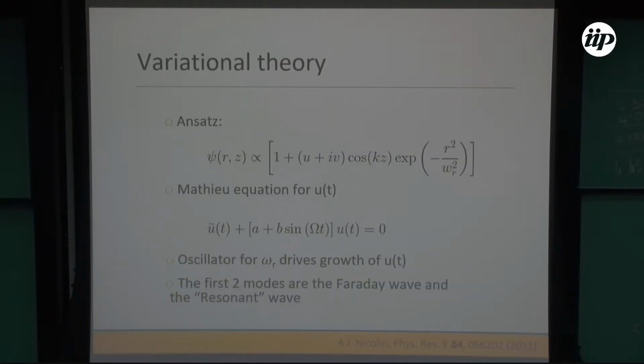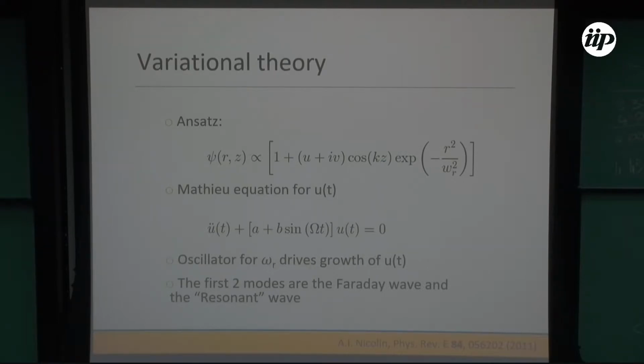In the process of understanding these results, we came across a theoretical framework proposed by Nicolin a while ago, basically a variational approach, together with the Mathieu equation for the solutions, basically an oscillator for omega I, which drives the growth of the amplitude.